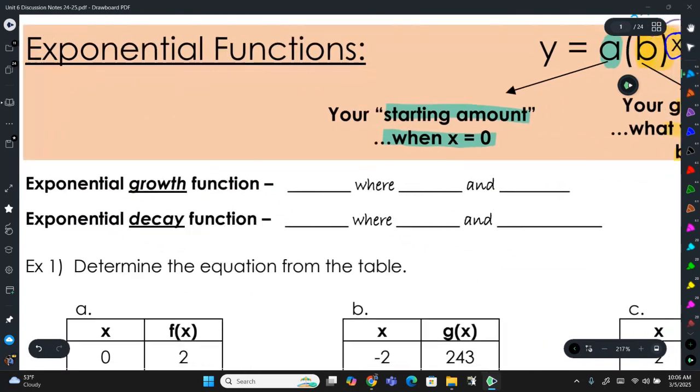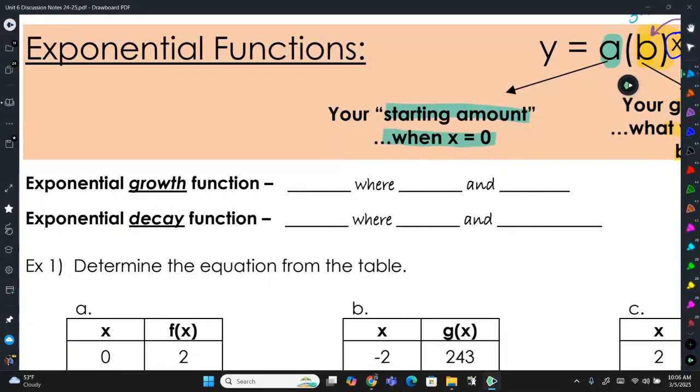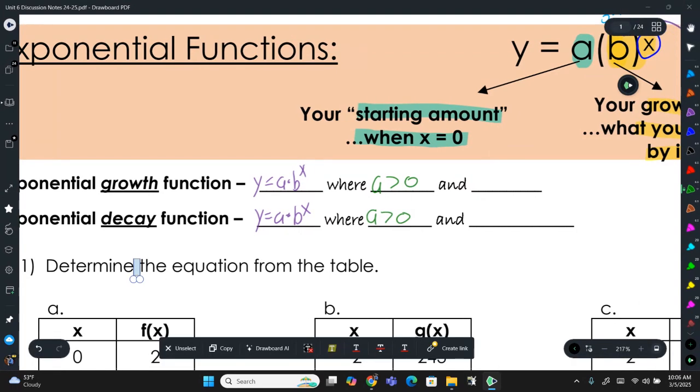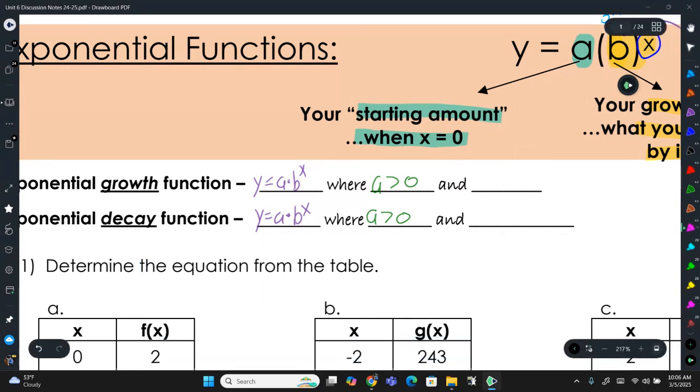Now we have what are called exponential growth functions and exponential decay functions, and their structure is the same, y equals a times b to the x power, where your a value is greater than 0 for both of them. They're both positive. But the difference between growth and decay is that b value.